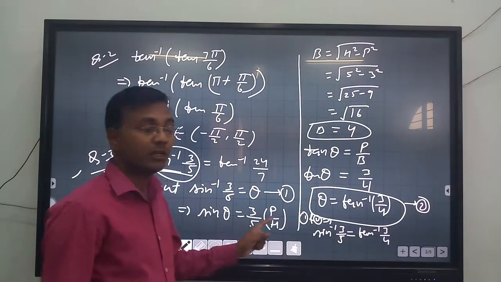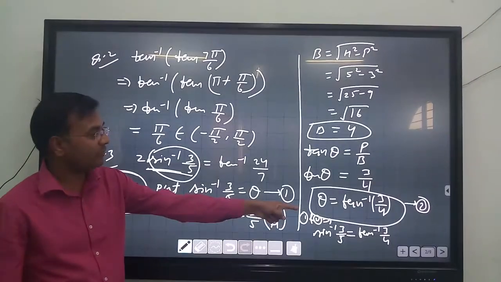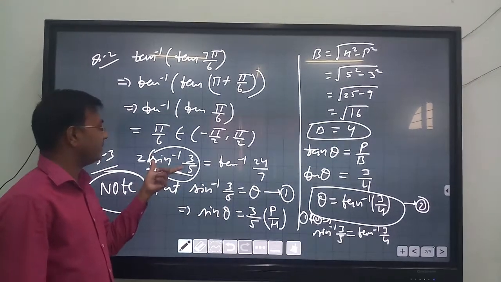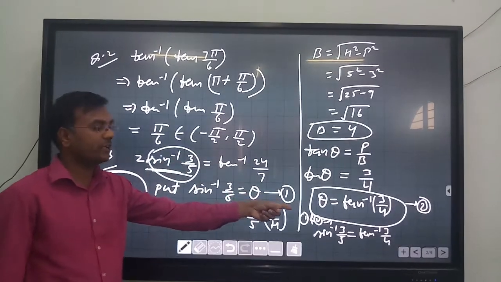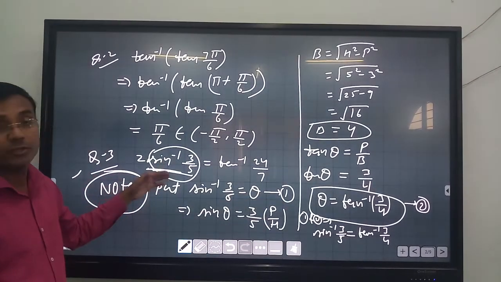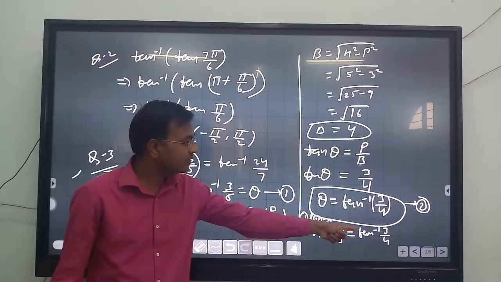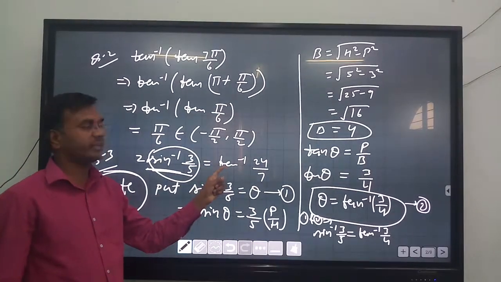Clear? This was our target. So sin inverse 3 by 5 is converted into tan inverse 3 by 4. So in the place of sin inverse 3 by 5, we will write tan inverse 3 by 4. So now we get LHS as 2 tan inverse 3 by 4. And now what do we want? We want a single tan inverse.